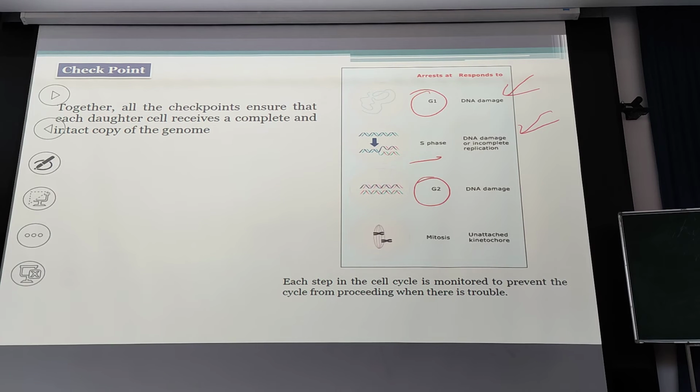At G2, they check for DNA damage in cells. And in mitosis, it will check if any chromosome is unattached to the kinetochore, and together they ensure that each daughter cell receives a complete and intact copy of the genome.